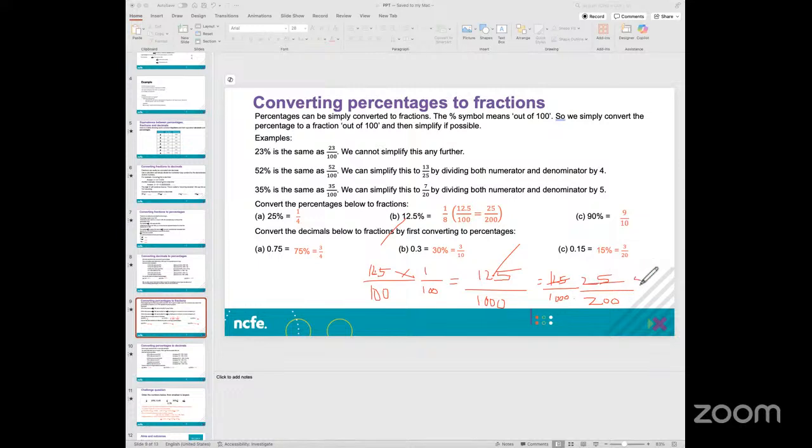Again, 5 times 5 is 25, and 5 fours are 20. It becomes 5 by 40. This is further simplifiable. So 5 times 1 is 5, and 5 times 8 is 40. So 12.5% as a fraction would become 1 by 8 in the simplest form. But if they don't say simplify it to the lowest possible value, then in that case you would leave it as 1 by 8.